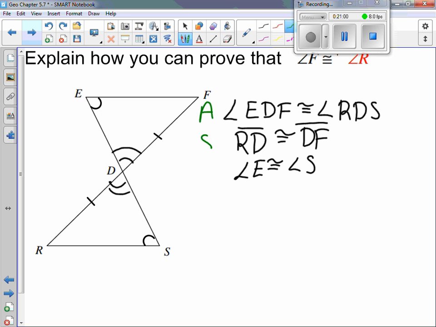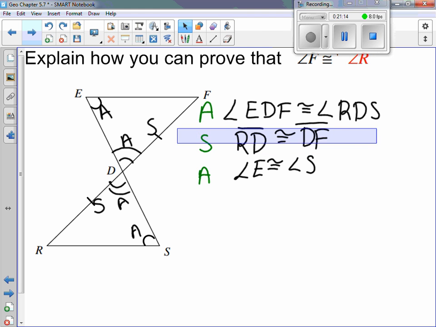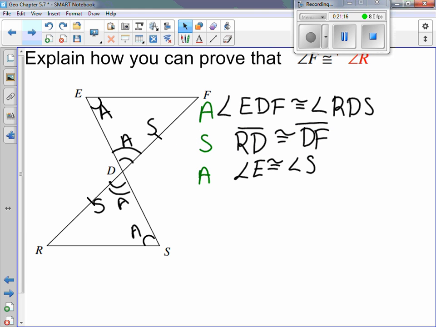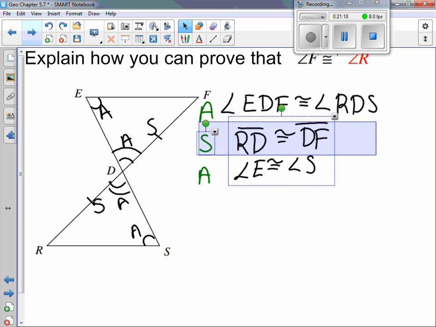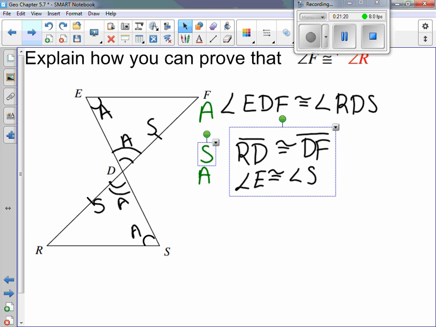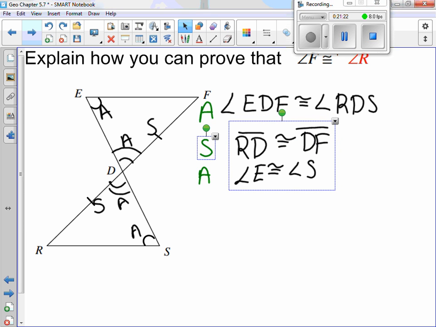Well, we have an angle, a side, and an angle. Now, it wouldn't be angle, side, angle, because we have angle, angle, side. So if I wanted to write this in the correct order, really, these two would need to be flipped.